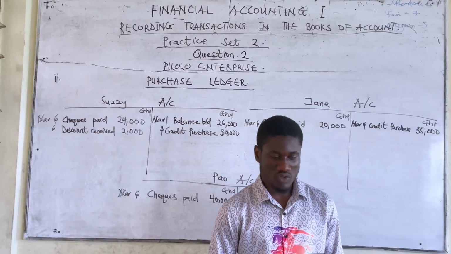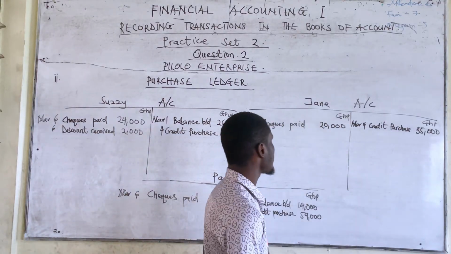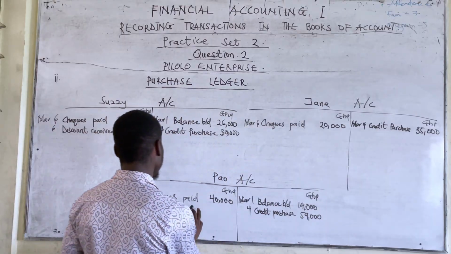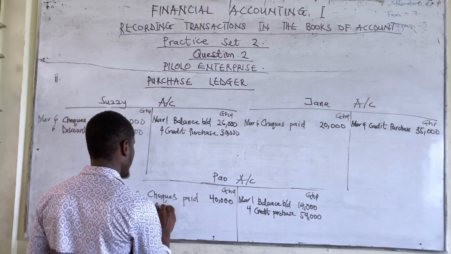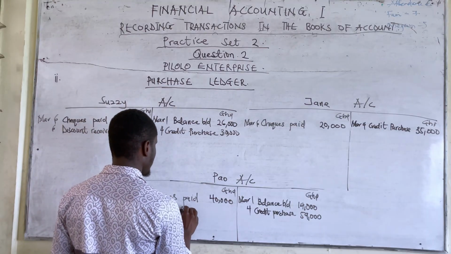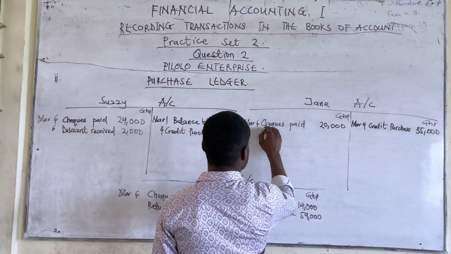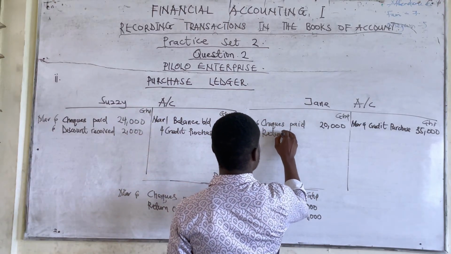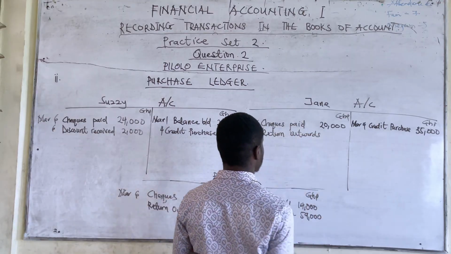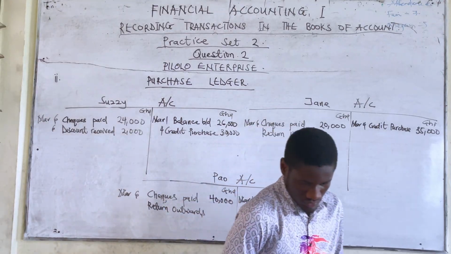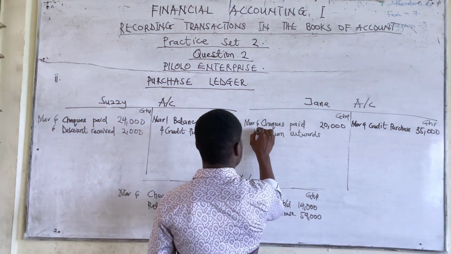Return outwards, which was involving only Jane and Paul. Okay, so return outwards, which we know that it will be here. So Jane and Paul. Return outwards. March 10th, Jane was 3,000.